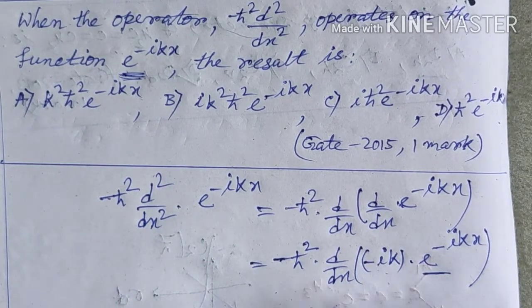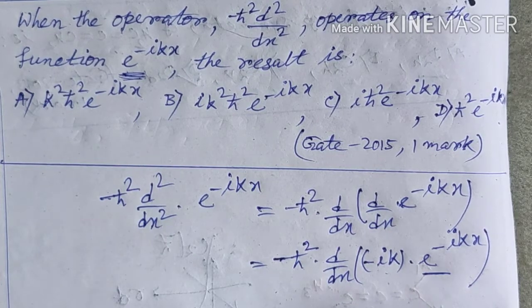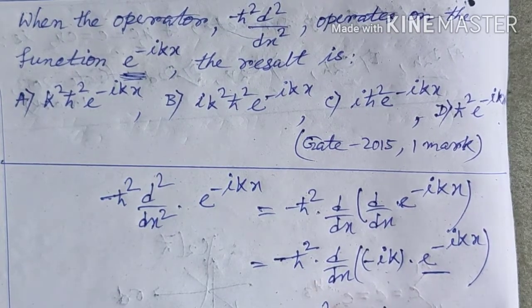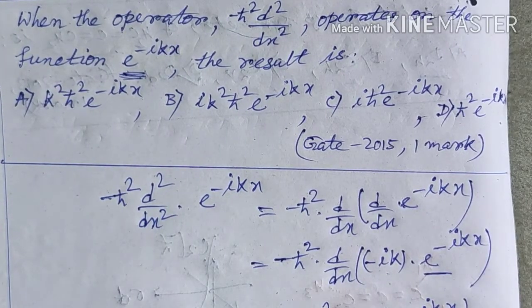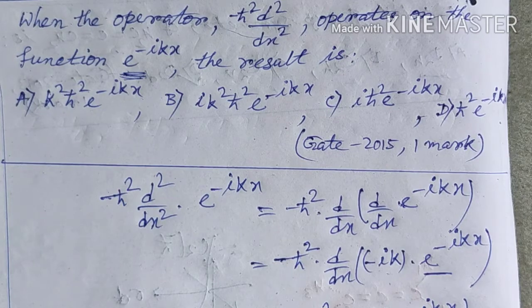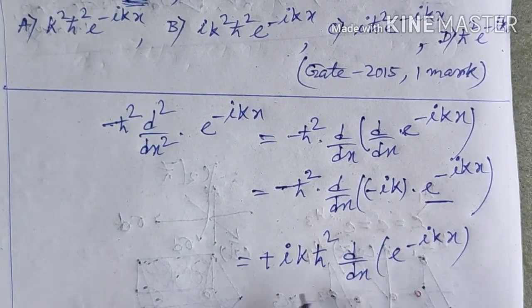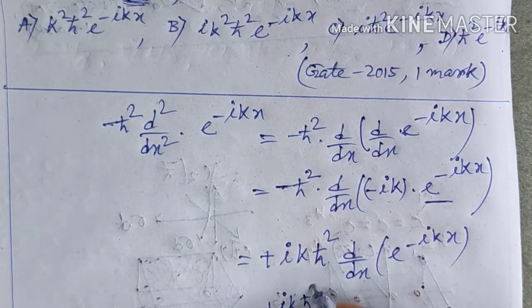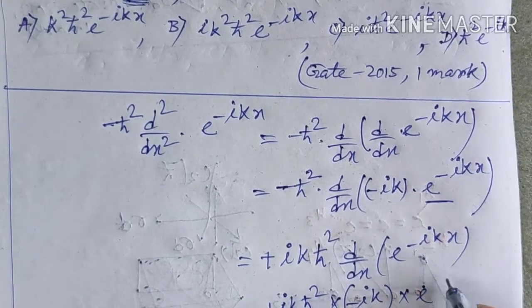If we bring this term out of the box, then it will be minus minus plus ik h cross square, and again d/dx of e to the power minus ikx. And if we differentiate this term with d/dx, it will be minus ik into the same term.